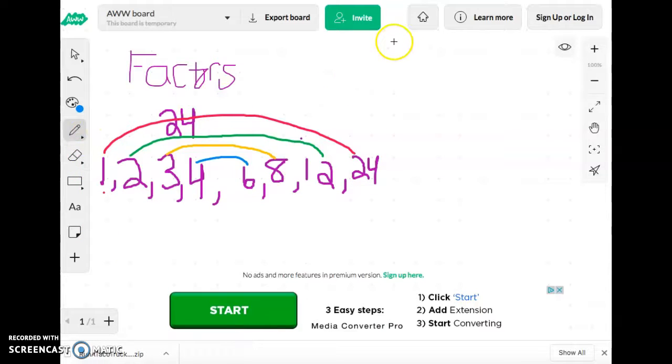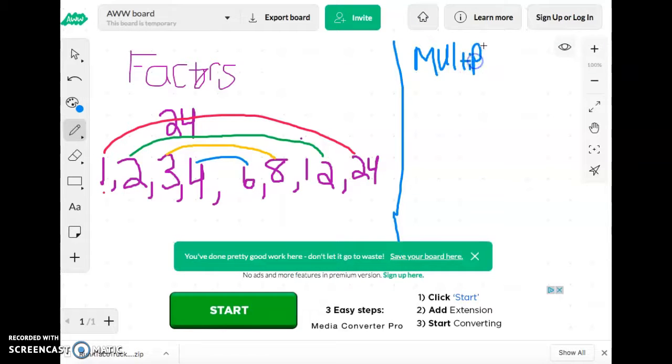Now multiples, those ones are the super easy ones. Multiples are just like skip counting. So if I said I would like the multiple of 3, I'm just going to count by 3s.